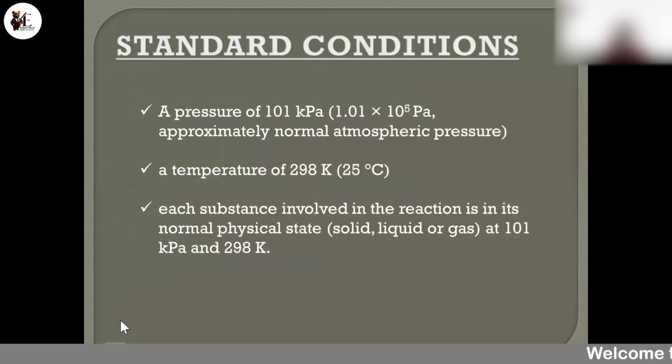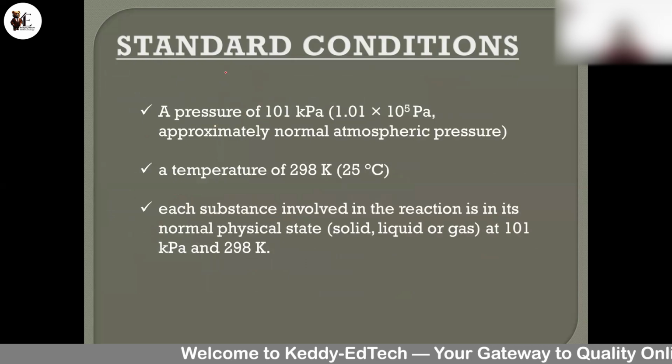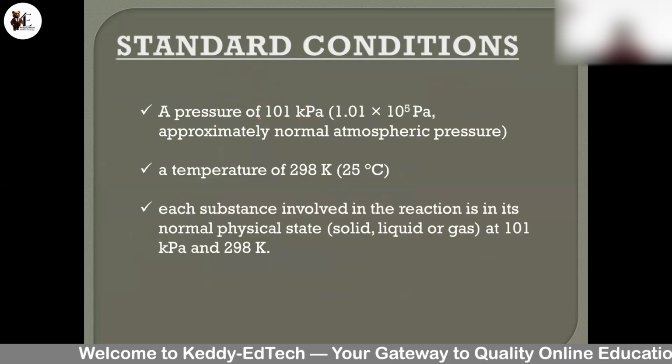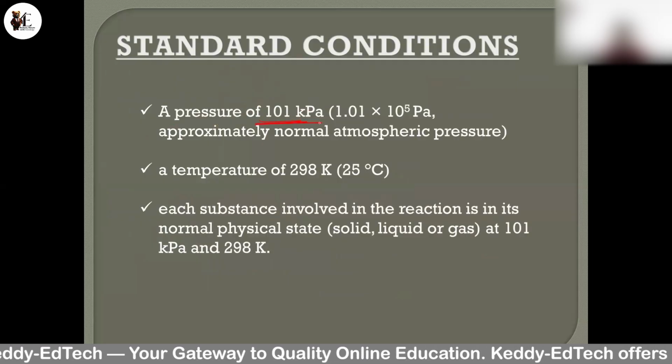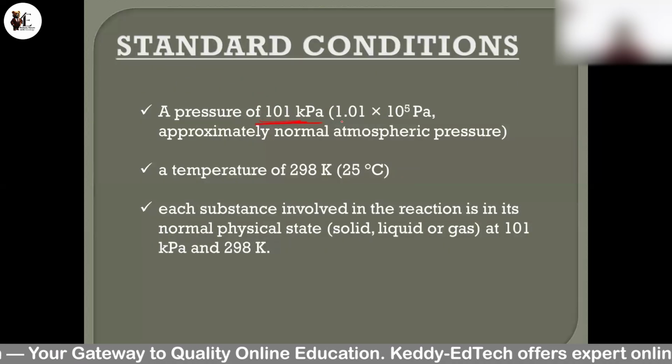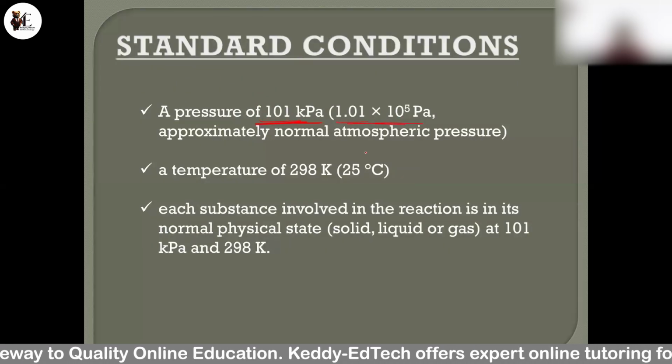Some standard conditions you need to know for studying the standard enthalpy of combustion, standard enthalpy of formation, and standard enthalpy of neutralization. Standard means there are certain conditions you need to take in the reaction mixture. Pressure should be 101 kilopascals, or 1.01 times 10 to the power 5 pascal.